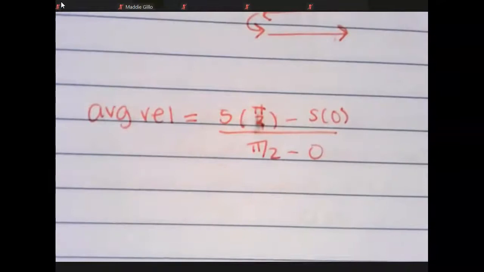So in this case, the first position was pi halves. The second one was 0. So it'd be pi halves minus 0. And then in order to get that, you would just plug into the position function, which was given to you in the problem.